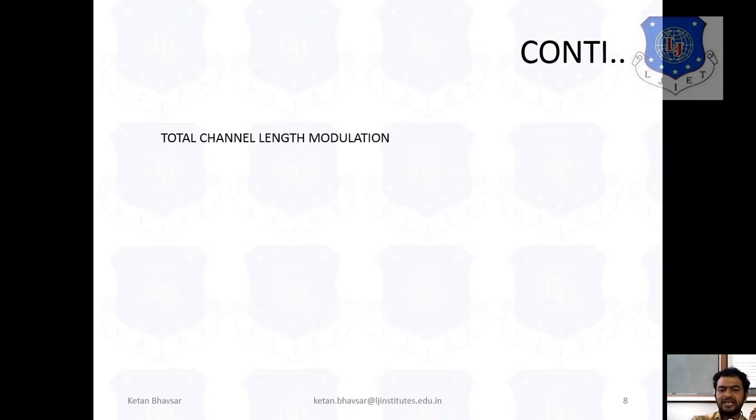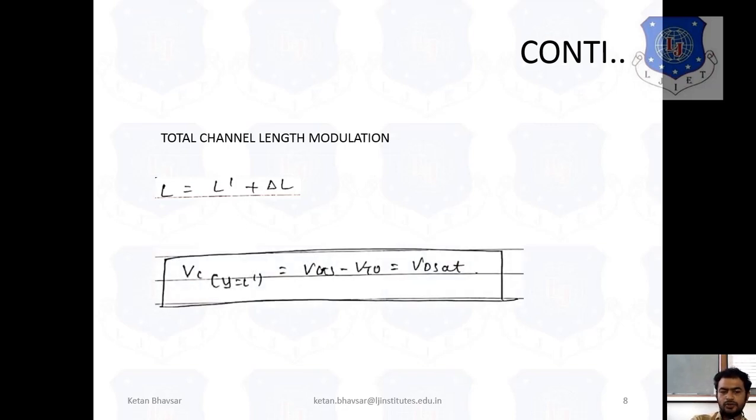So the total channel length L is equal to L dash plus delta L, as we have seen, because you have a total channel length from y equal to 0 to y equal to L. L dash represents the new pinch off point, a particular channel point, and delta L represents the displacement vector.